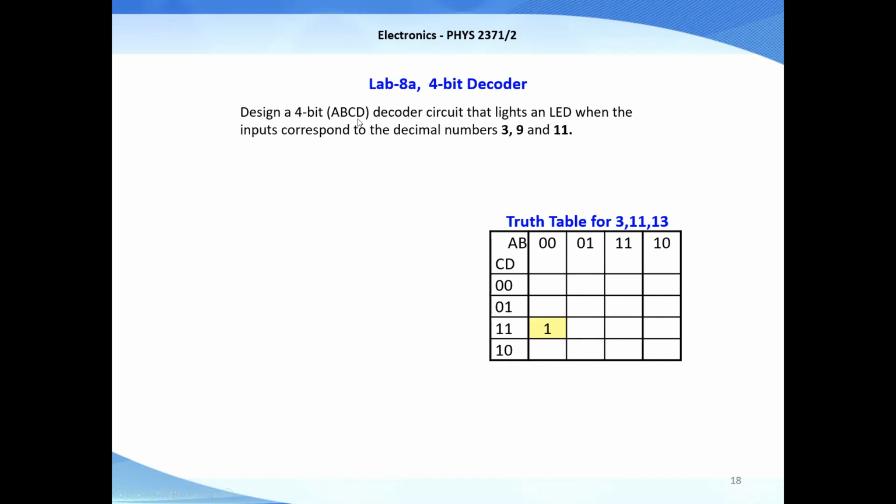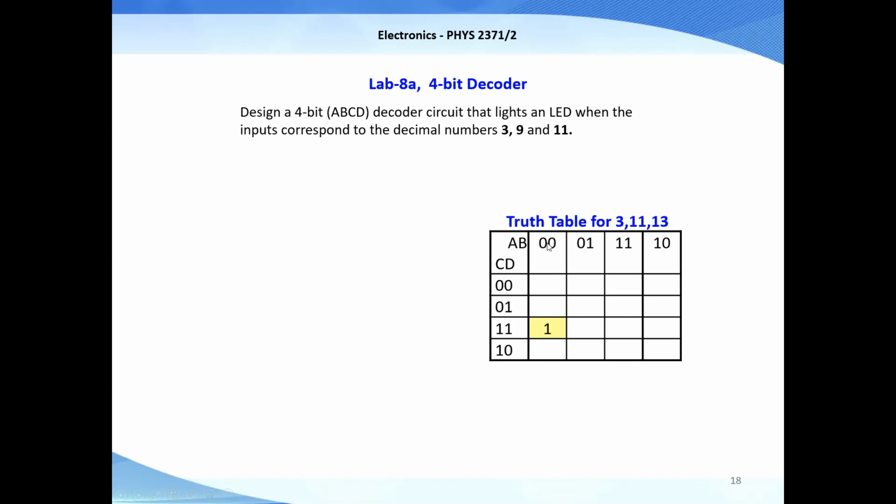And you're going to make it so when you have certain numbers coming in, it's going to light an LED. So when the decimal numbers 3, 9, and 11 are high, then the output's going to be high.